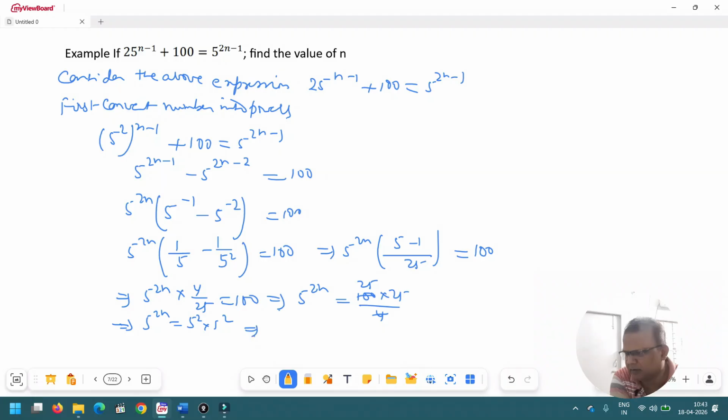That implies 5 to the power 2n is 5 to the power 4, that is 2n is equal to 4, that implies n is equal to 2. That is the answer.